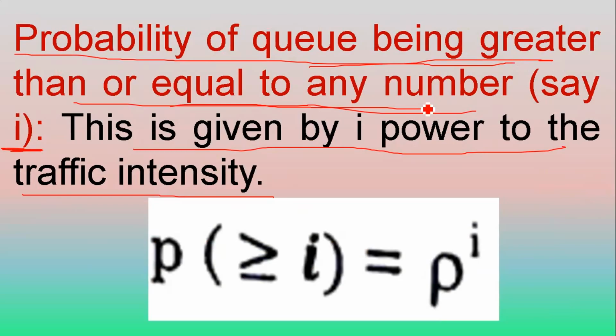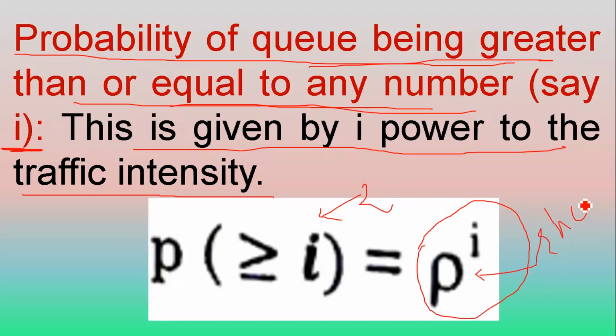So the probability for getting any such Q will be P greater than or equal to I. For example, here we are putting 2, then it will be rho raised to I, right? This is not P, this is again rho.